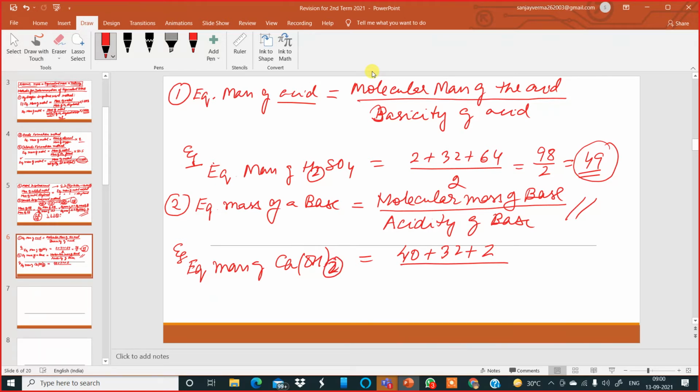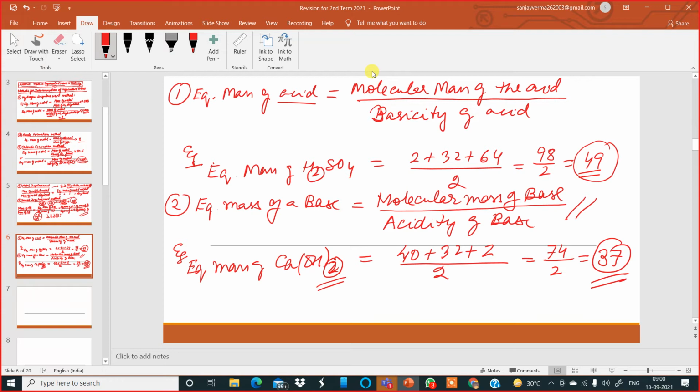It is 2, so divided by 2. Here you get 72 plus 2, 74. 74 by 2 comes to 37. So that is the equivalent mass of calcium hydroxide, which is a diacidic base. Hope this is clear to all of you.